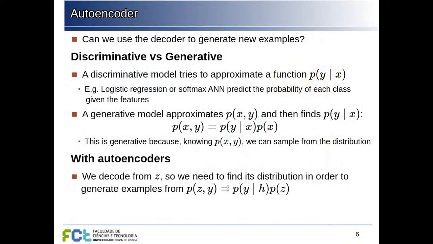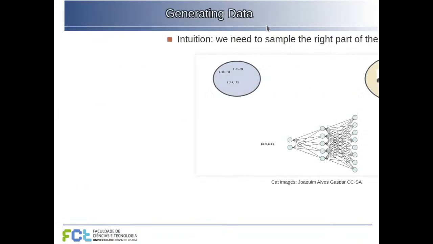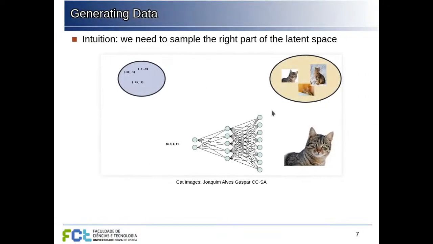So basically the decoder can do this. This should be a Z, not an H. If we also have an idea of the distribution of the space in that latent representation, then we would effectively have everything we would need to generate new examples. So this is the intuition here.